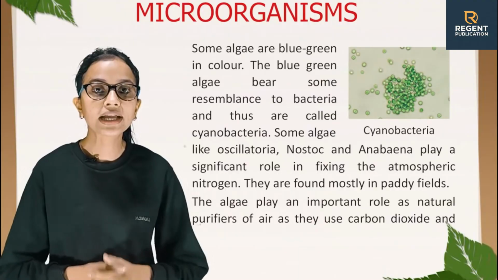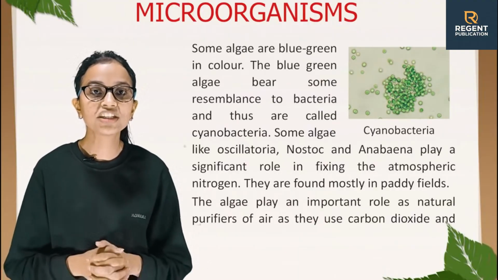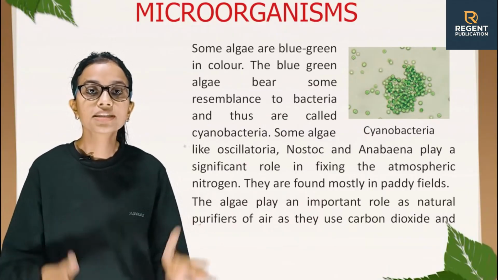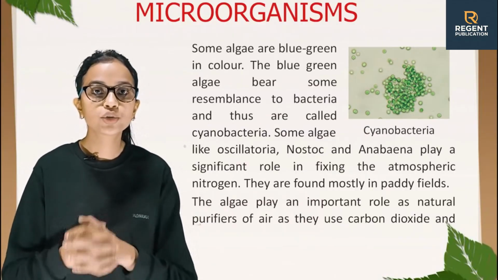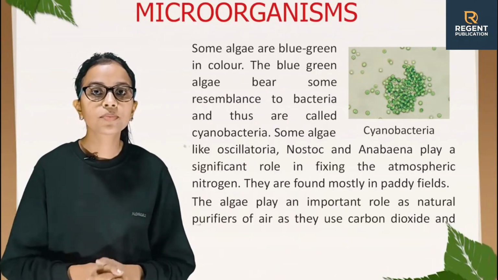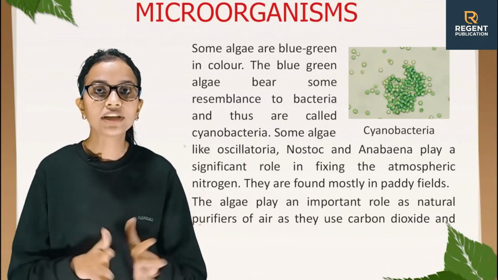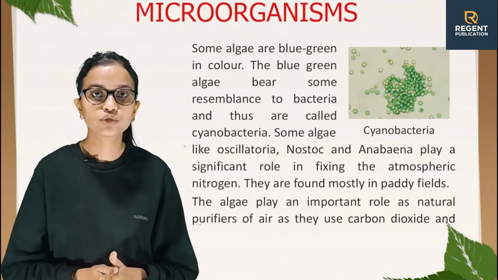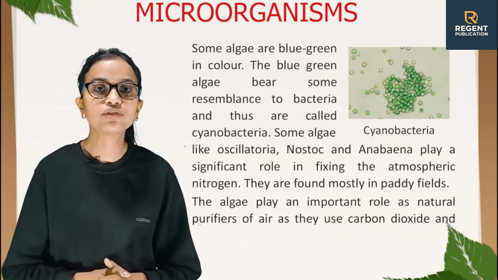The blue-green algae bear some resemblance to bacteria and thus are called cyanobacteria. Some algae like Oscillatoria, Nostoc and Anabaena play a significant role in fixing atmospheric nitrogen. They are found mostly in paddy fields.